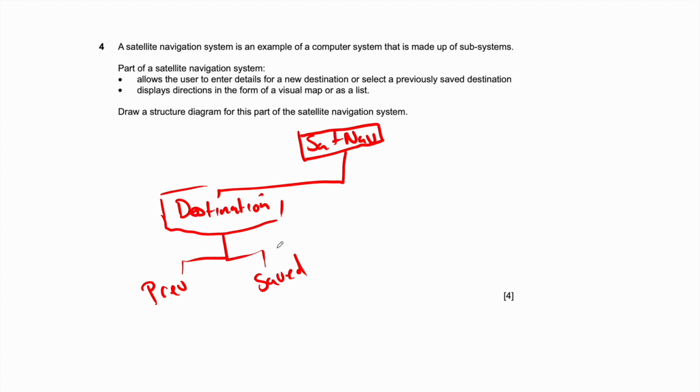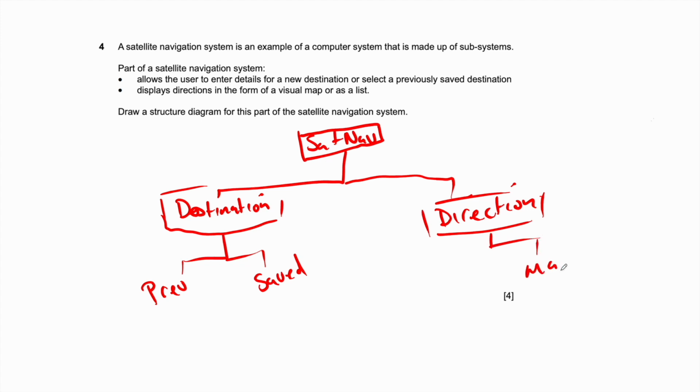I'm just doing it because this tablet pen thing is a little tricky. So on this side we're going to have our output directions. Something like this, there's my directions. And they come in two forms. Form number 1, map, and form number 2, list.